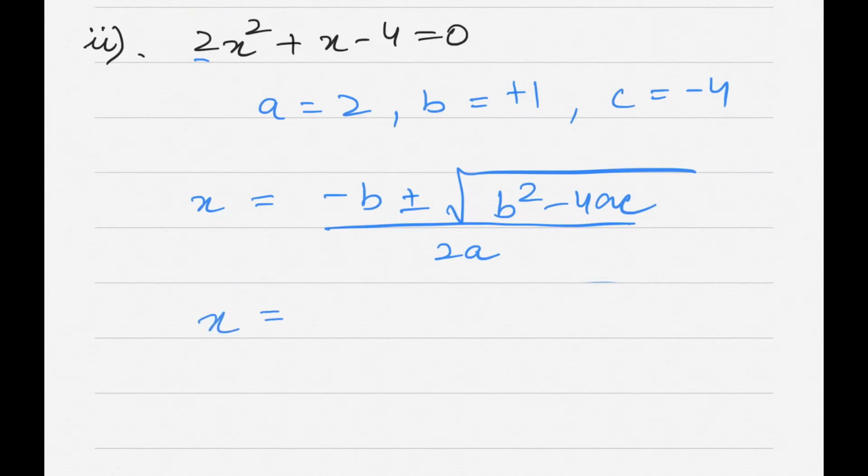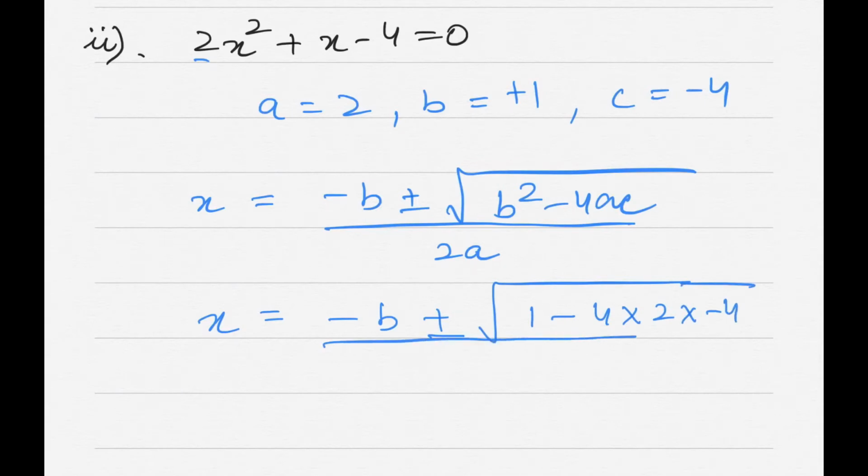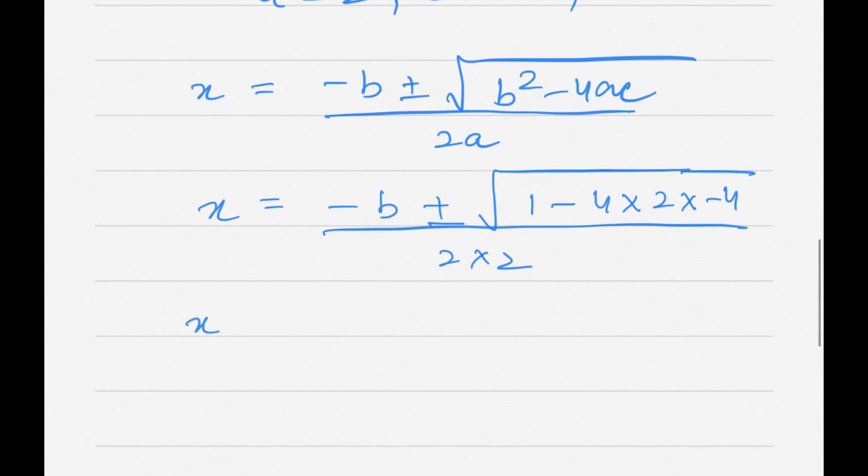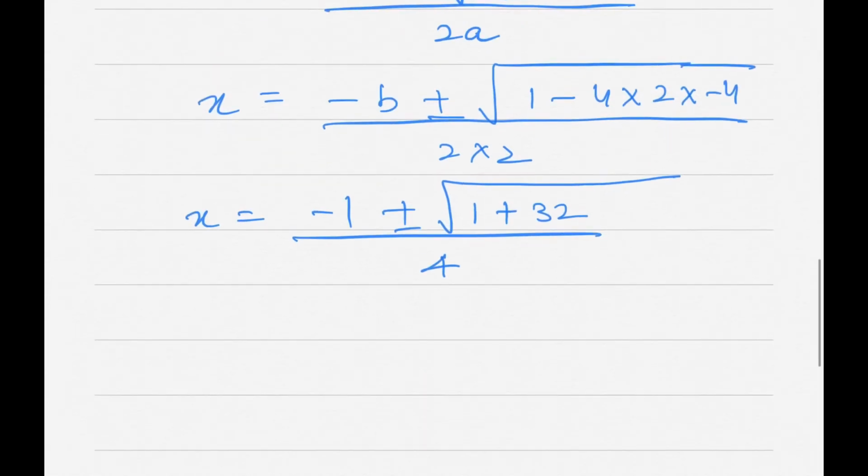So x is equal to minus b, and my b is 1, so minus 1 plus minus square root of 1 square, 1, minus 4 into a which is 2 and c which is minus 4, divided by 2 into 2. So x is equal to minus 1 plus minus square root of 1 plus 32, divided by 4.